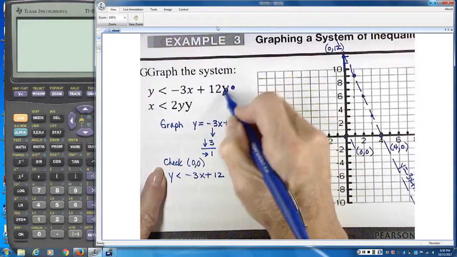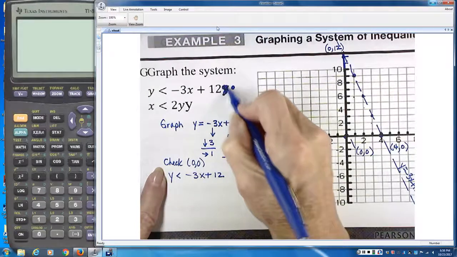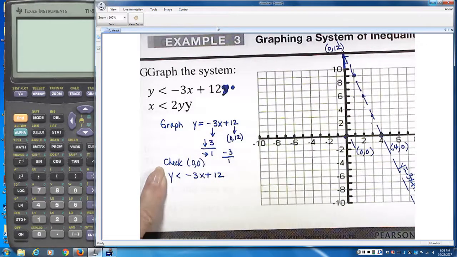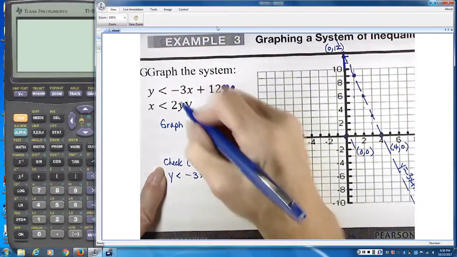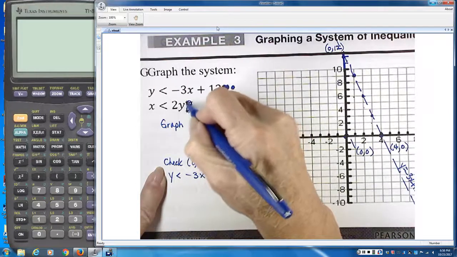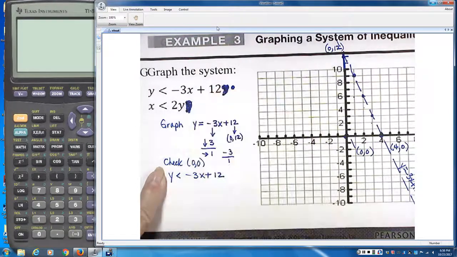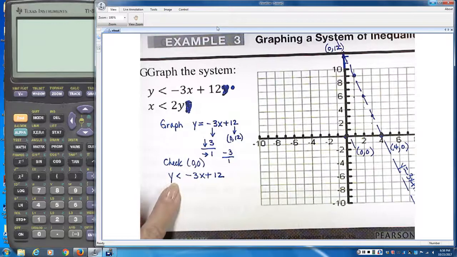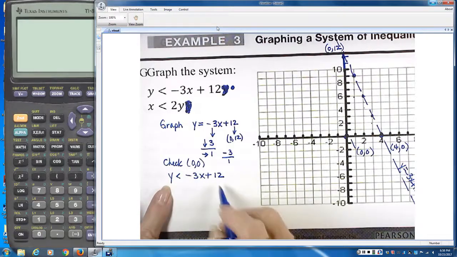I'm not sure where that came from on mine. I hope it's not in your notes. I just realized there was an extra y in there. Okay, good.